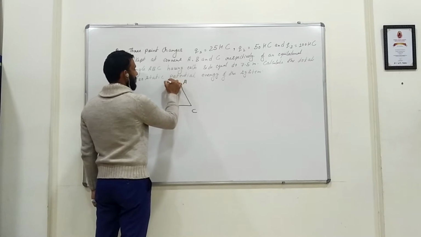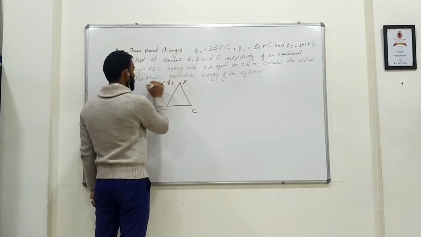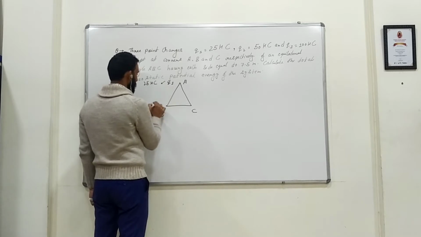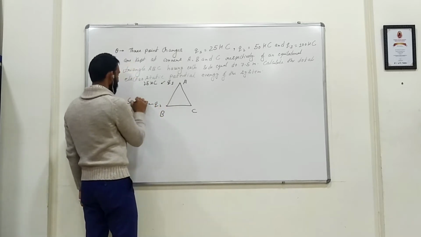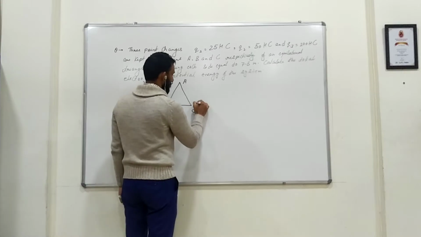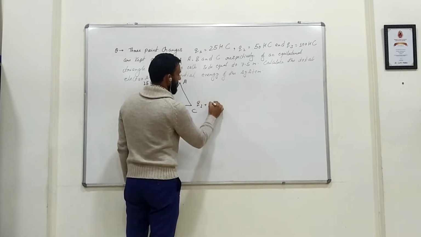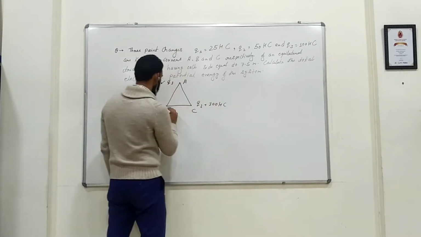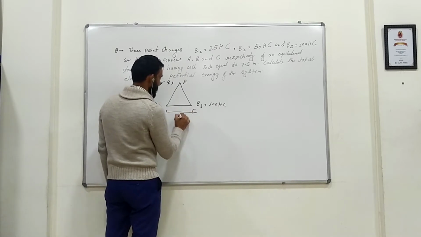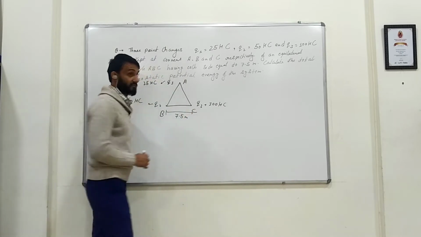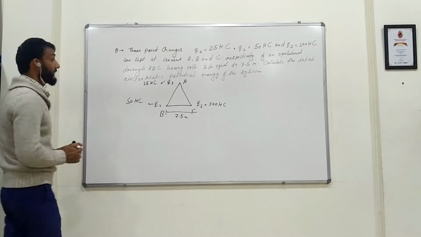This is Q1 which is 25 microcoulomb. This is Q2 which is 50 microcoulomb. Then you have Q3 which is 100 microcoulomb. And the sides are given 7.5 meters. So it is an equilateral triangle, all the sides would be equal.